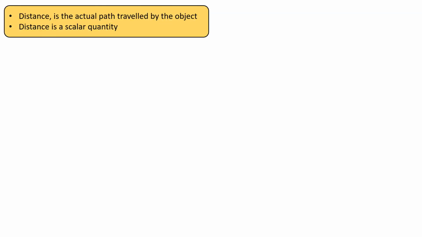Now let's revise some common terms. First is distance. Distance is the actual path traveled by the object, and distance is a scalar quantity. Scalar means it has to do only with the numbers. There is no need of direction. So when we are talking about some object which goes from position A, say this is position A, to some position B. Now what is the path the object takes, that becomes the distance.